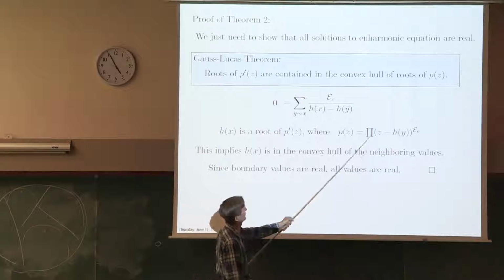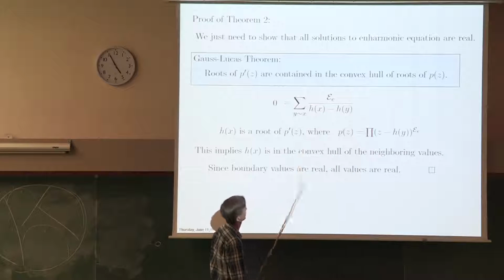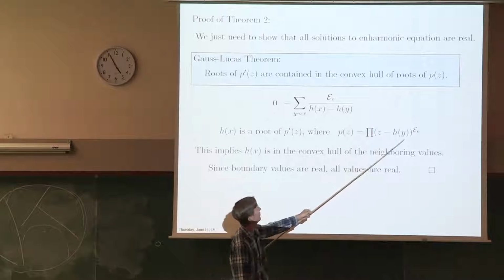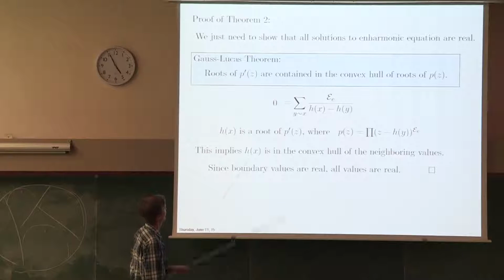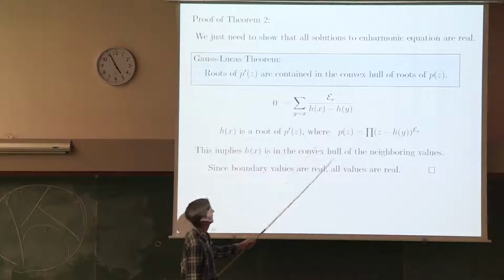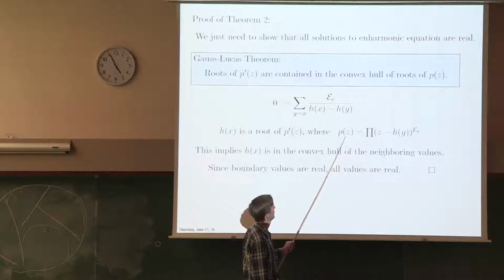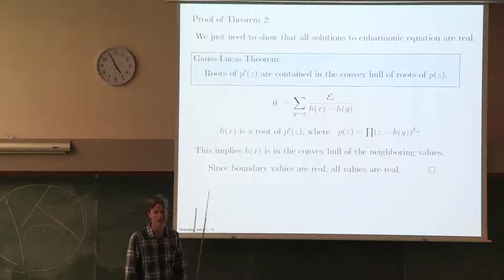If I take the logarithmic derivative of p, I get exactly that expression. It's not quite a polynomial, but it's essentially a polynomial. Therefore, by the Gauss-Lucas theorem, h(x) has to be inside the convex hull of the roots of p, which are the neighboring values h(y).